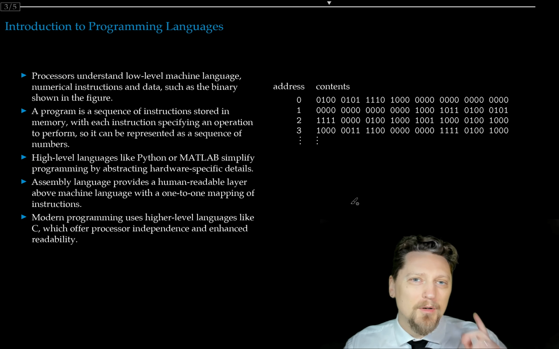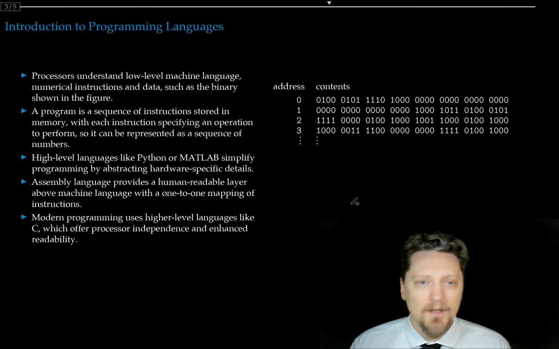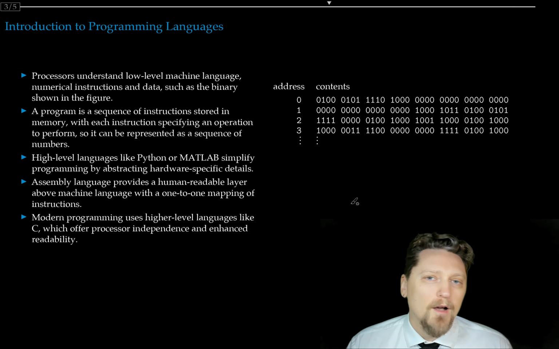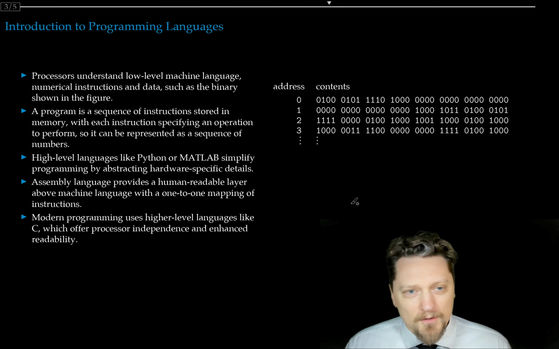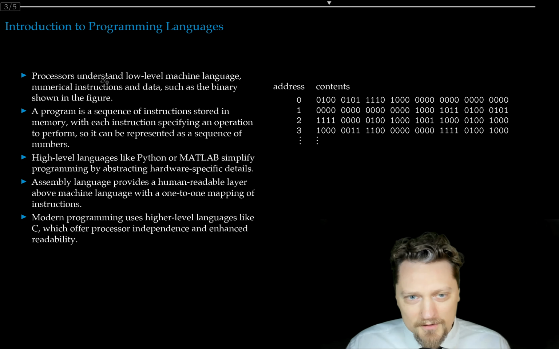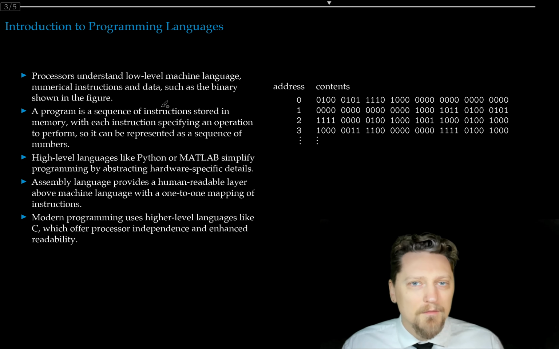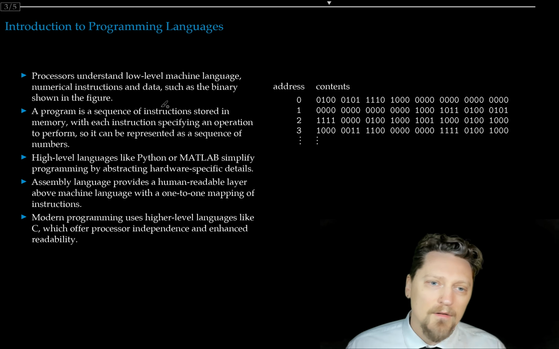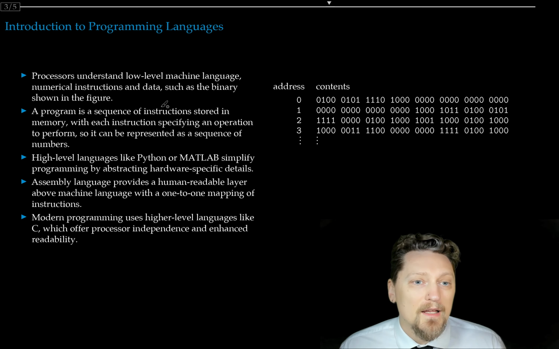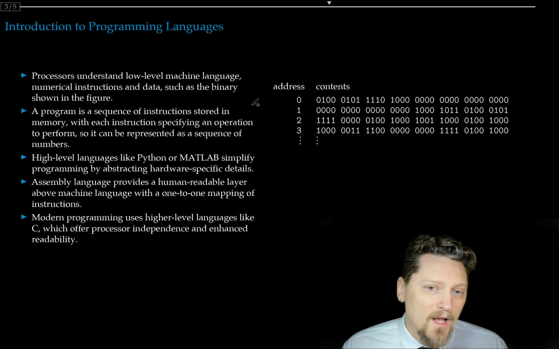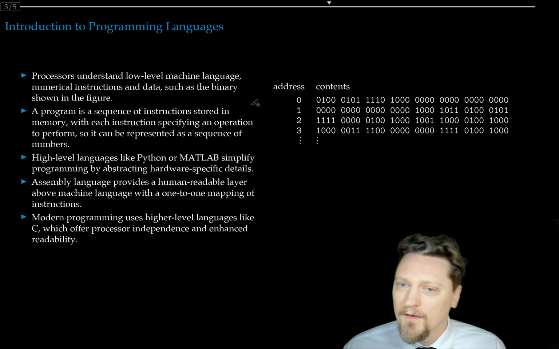Good. Introduction to Programming Languages. So this is our perspective in this course. Processors understand low-level machine language, numerical instructions, and data, such as the binary shown in the figure.